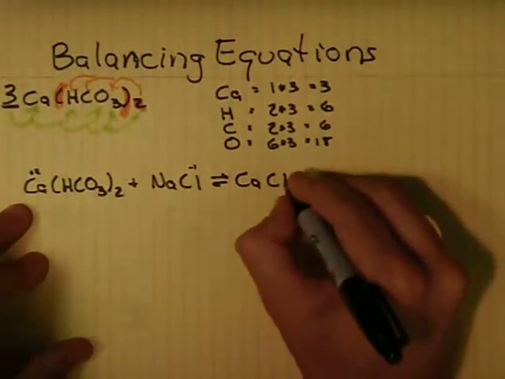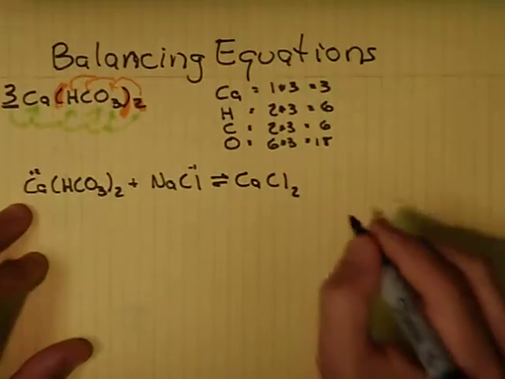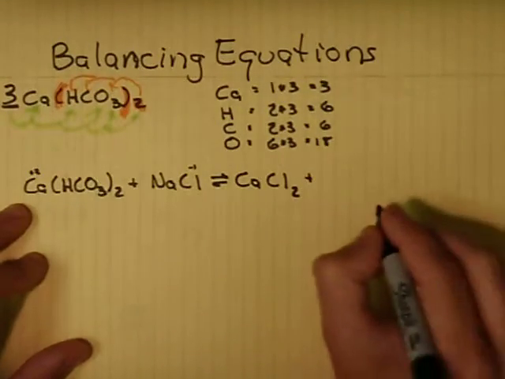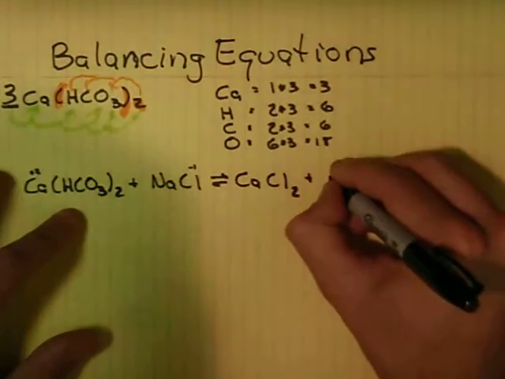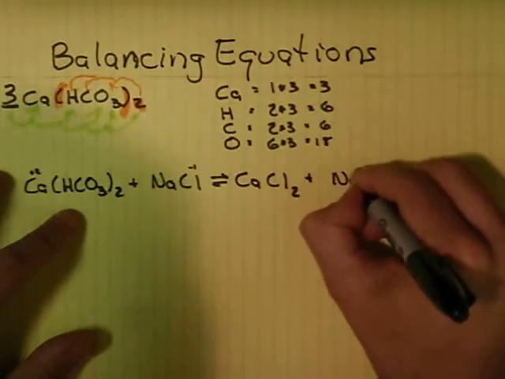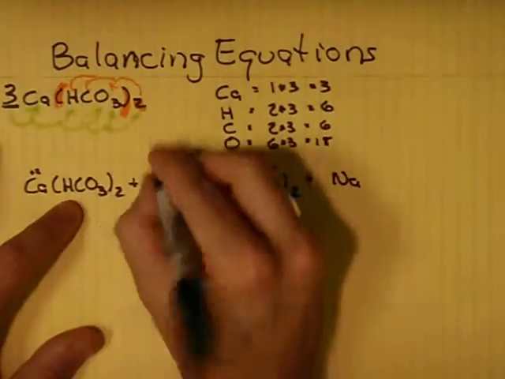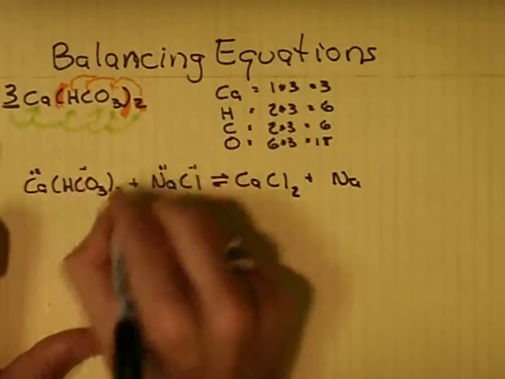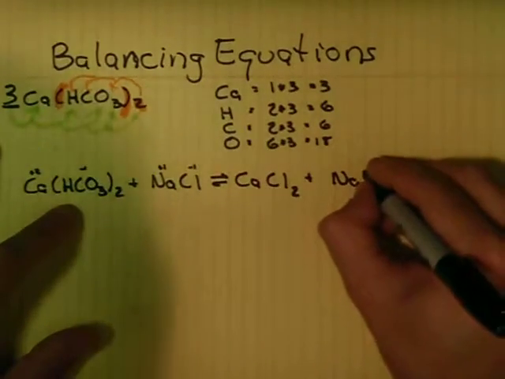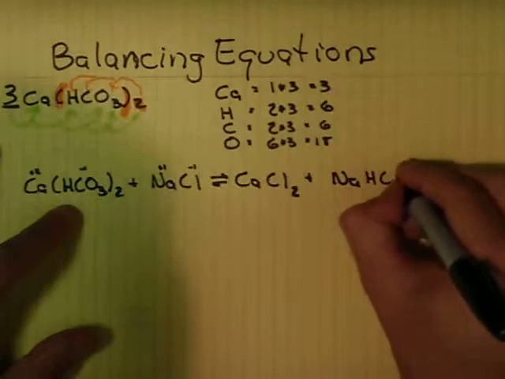So to get those to balance out, you have to put a 2 there. And then the other part is sodium. And here bicarbonate. But sodium has +1. And bicarbonate, this whole thing has a -1. So those actually balance out. NaHCO3.